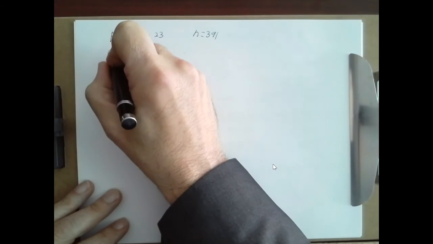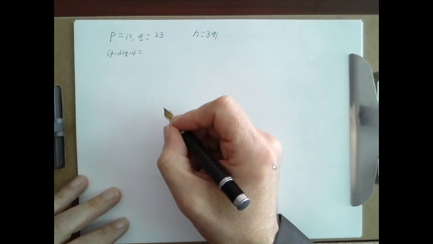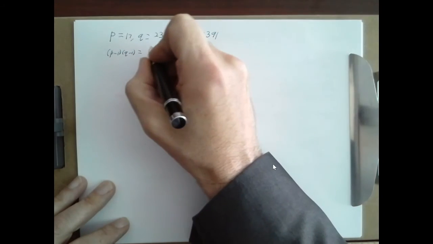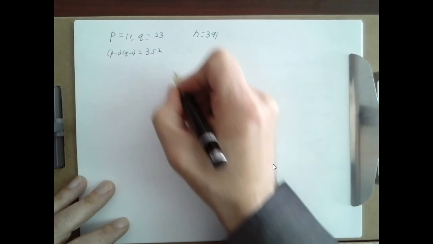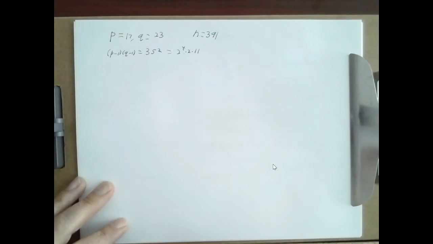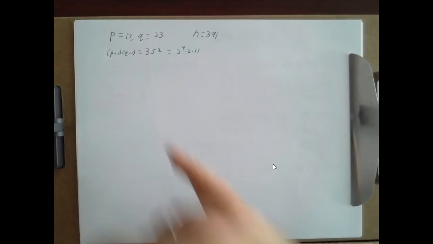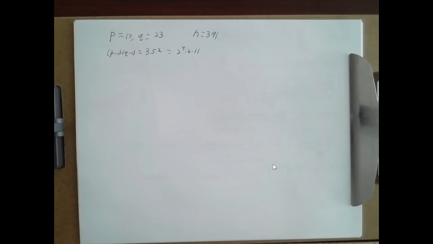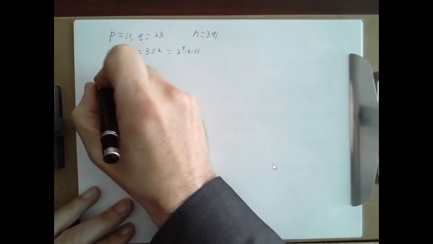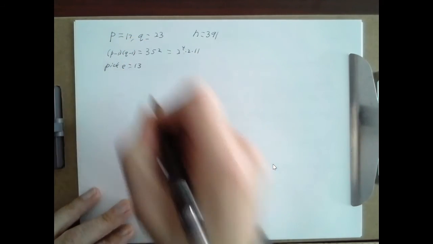So if I look at P minus 1 times Q minus 1, that's 16 times 22, that's 352. And this is also 2 to the 4th times 2 times 11. So when I want to find my encryption key, which is going to be relatively prime to 352, I just need something that's not divisible by 2 or 11. So I just chose an encryption key of 13.